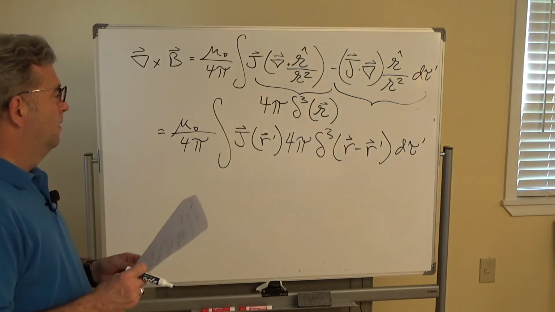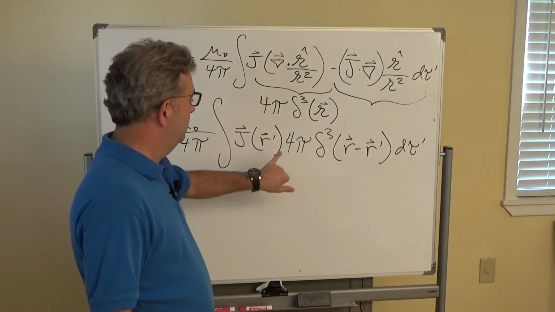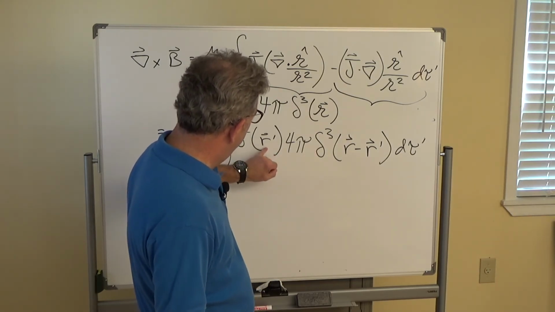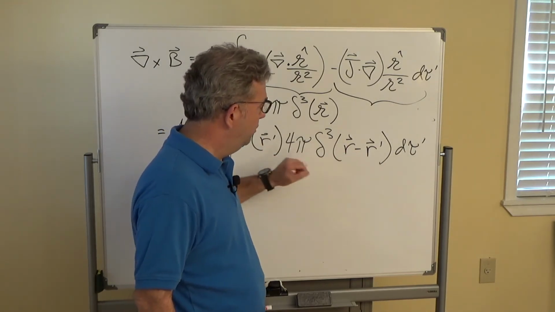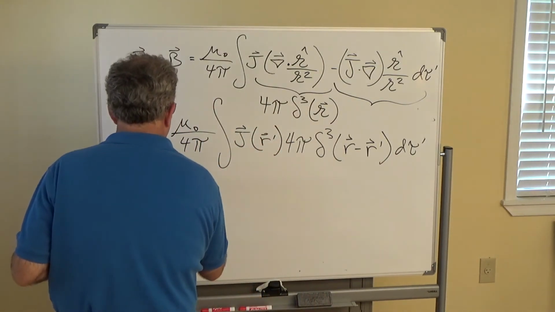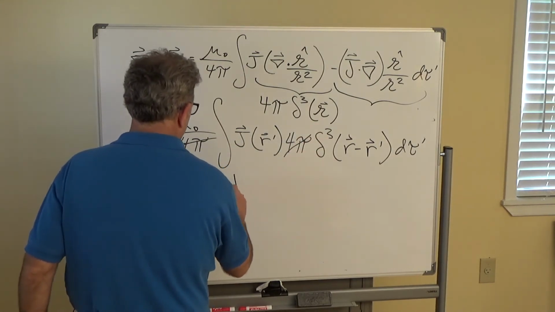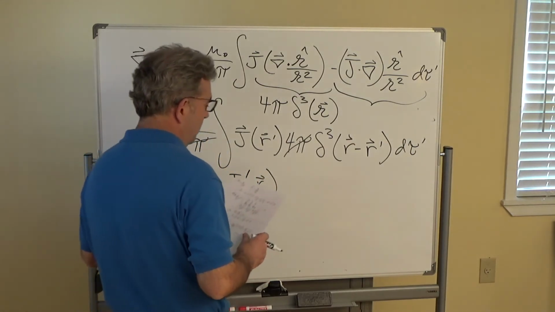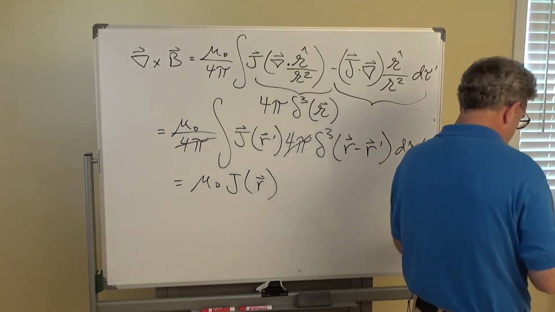Okay? So what does the Dirac delta function do? It picks out the place where R prime is equal to R, okay, you get 1. Or in this case, you get 4 pi. So this is equal to mu naught. The 4 pi's cancel. J of R. Yeah, that's it.